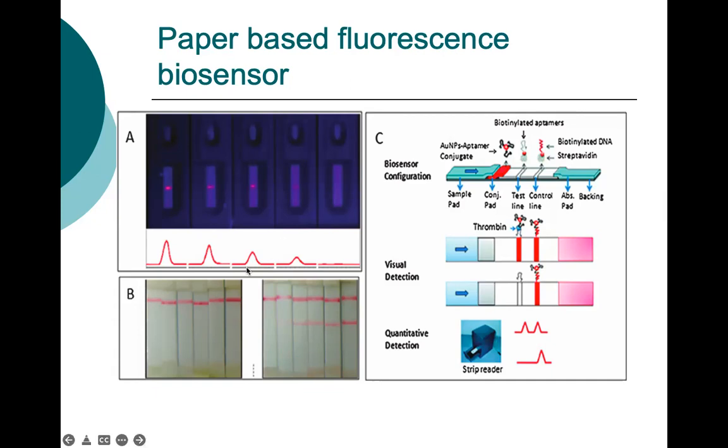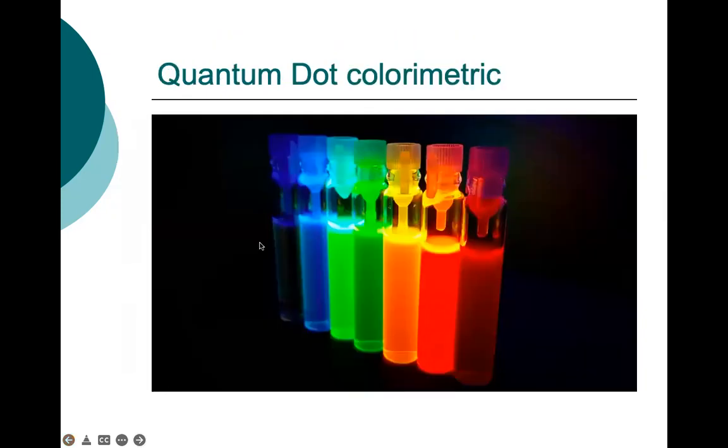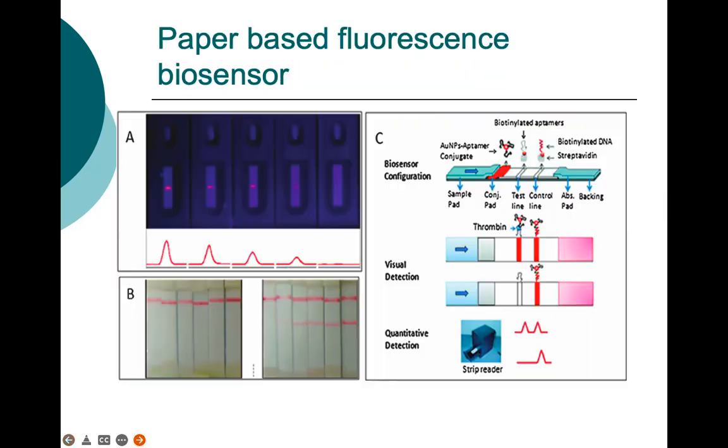We can also use quantum dots instead of gold nanoparticles, and it has been proven that under normal lights, this is what you see, and under UV lights, you can observe the appearance of the quantum dots on the papers.